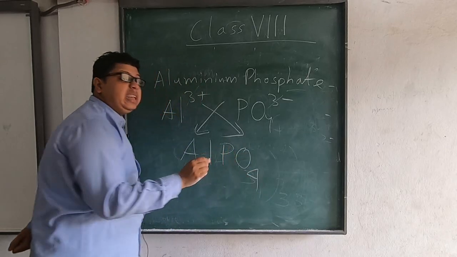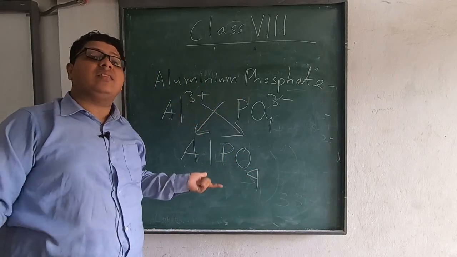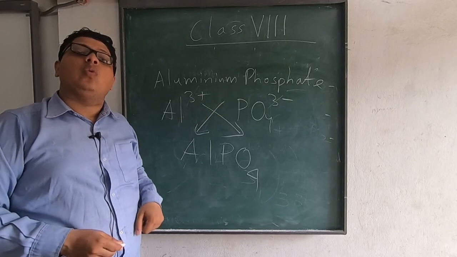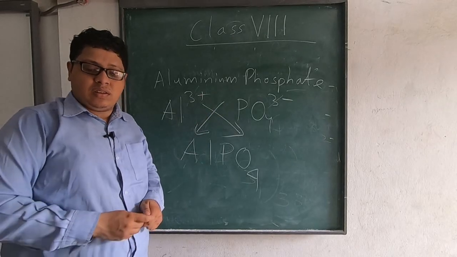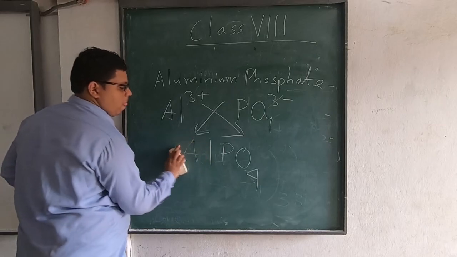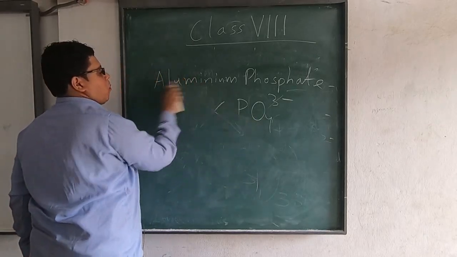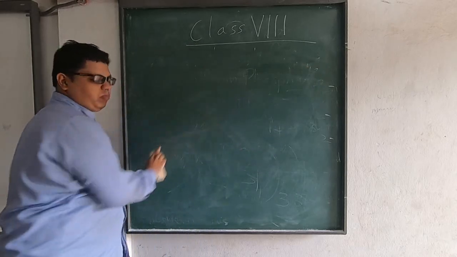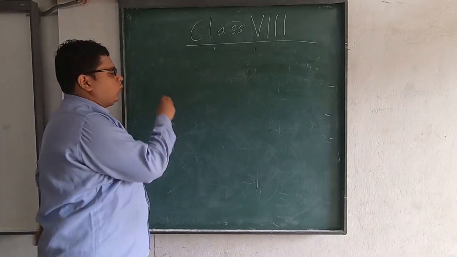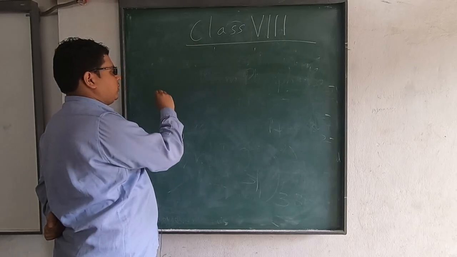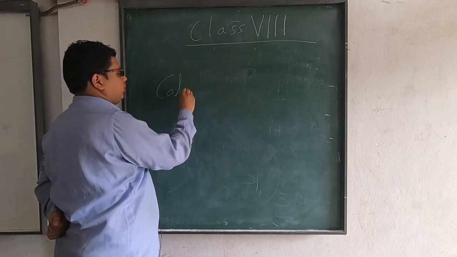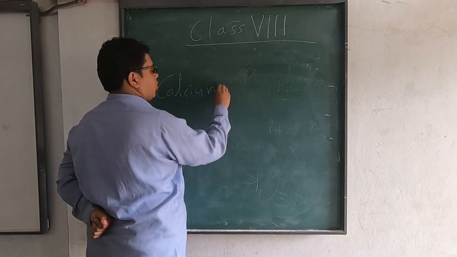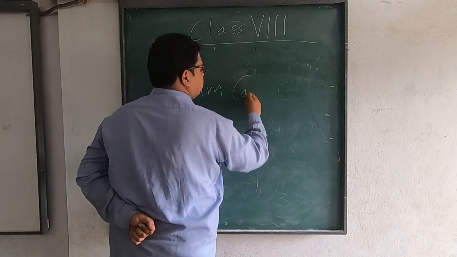Anytime when these values are exactly the same, they will cancel out. We can see other examples. For example, we can see the example of, say, calcium carbonate.